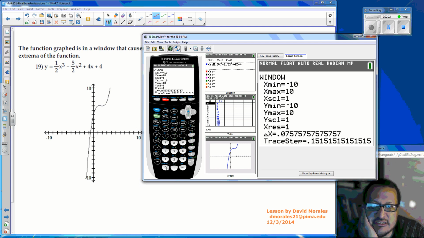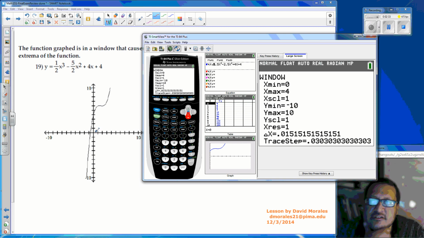Our x minimum is going to be 0 to 4, so that's from here to here. And our y minimum is going to be 4, and we're going to go up to 8. So from 4 to 8. And we'll graph that.